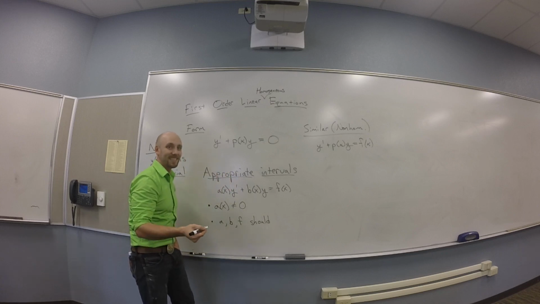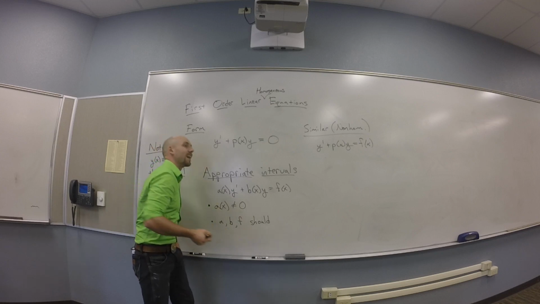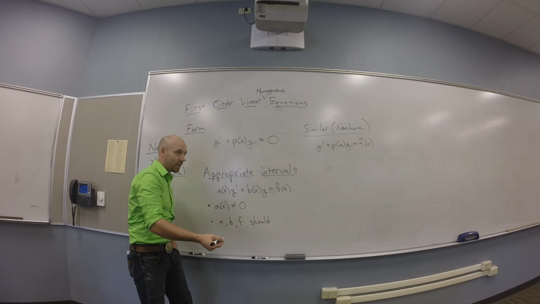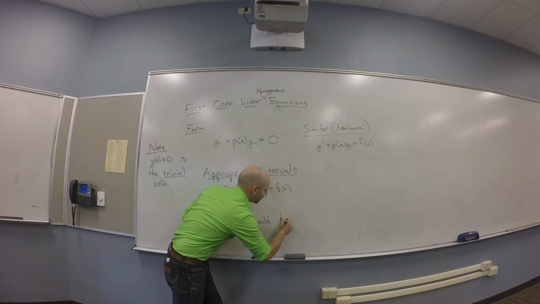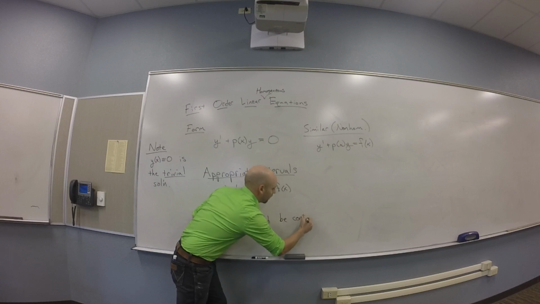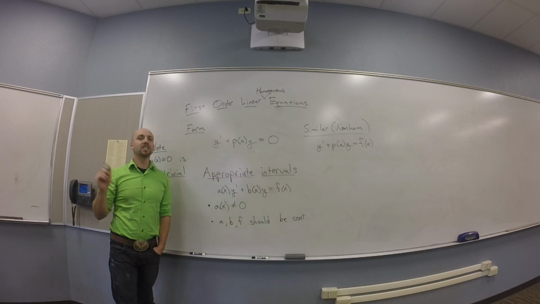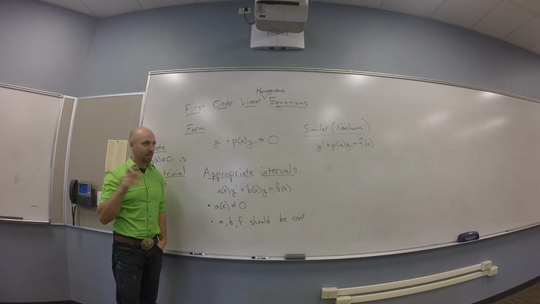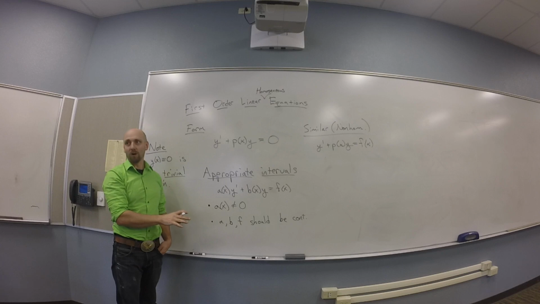I would like it to make sense that I could differentiate this thing. To ensure that I have a good chance of differentiating things, I'm also going to say that A, B, and F should be continuous. Does that kind of make sense? This is the very rough blush of where your solution is going to work.